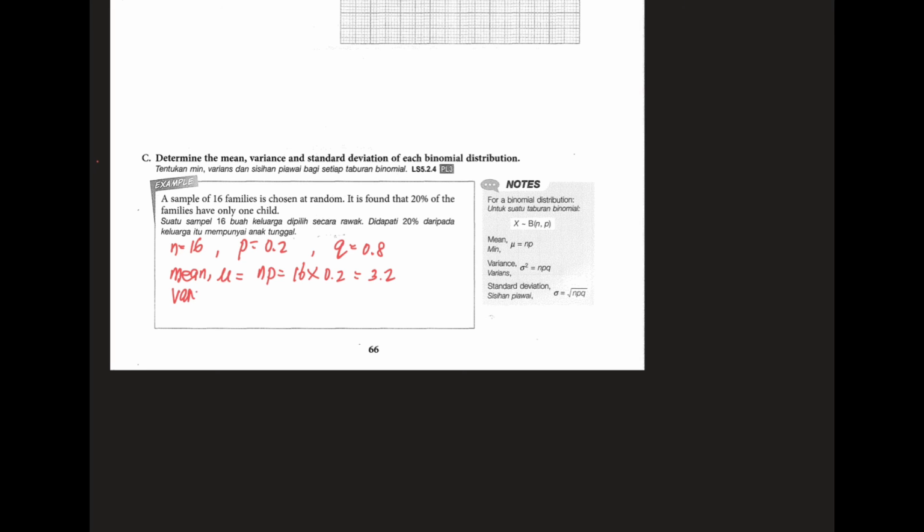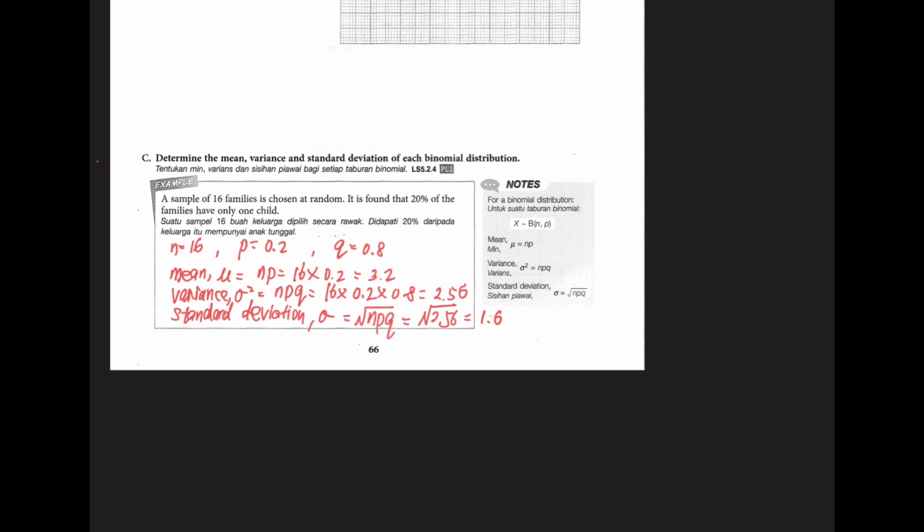Variance, sigma square is npq. 16 times 0.2 times 0.8, so we get 2.56. Standard deviation, sigma. Okay, so it's square root of npq, so square root of 2.56, so you will get 1.6.